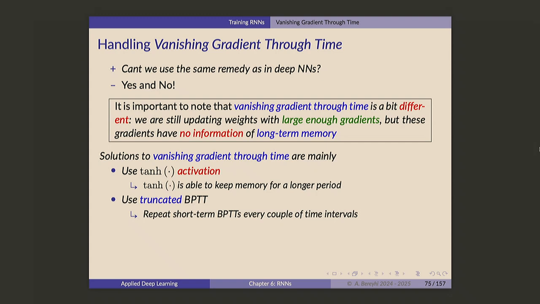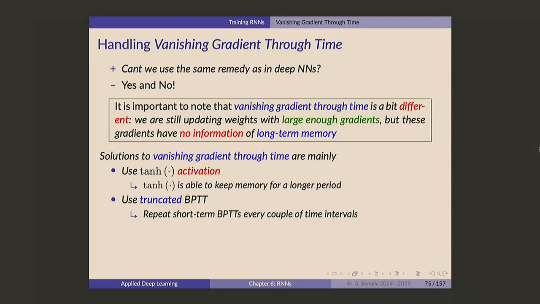Then you keep going on the sequence with the updated weights, go for another part of your sequence, and update again. The second time you update, you don't get the impact of the first part that much anymore. But you somehow incorporated that impact in your first update, and you could hope that the weights you end up with at the very end are carrying information of the first times. This was the idea of truncated backpropagation through time.